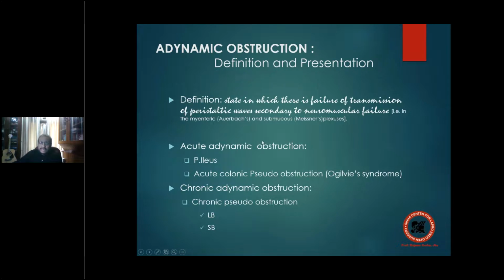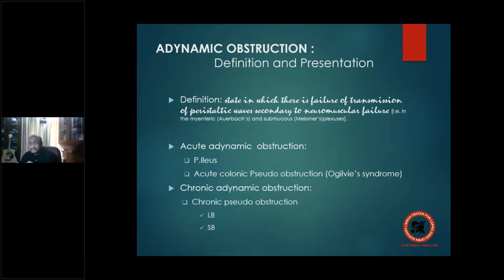Now acute adynamic or chronic adynamic. In adynamic obstruction, again, it can present as an acute form, it can present as a chronic form. Just like in large bowel obstruction, the mechanical type, it was acute or chronic. Similarly, adynamic obstruction can either be acute or chronic. The acute could be of 2 types.